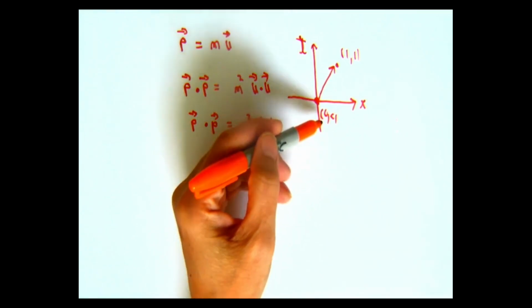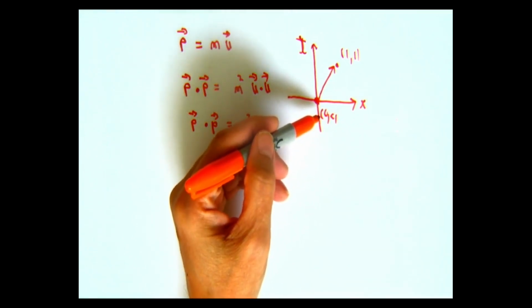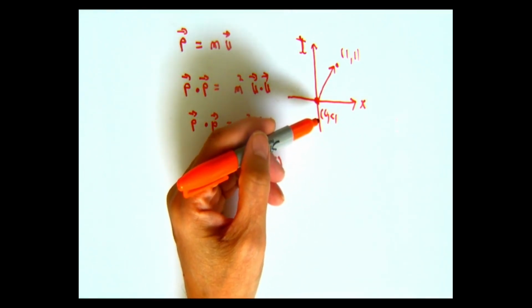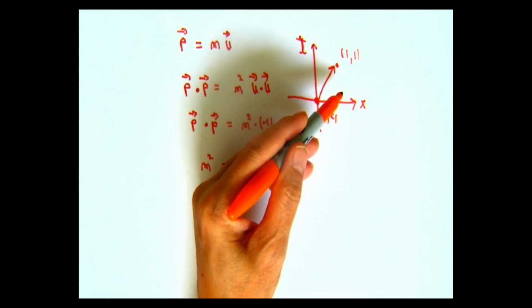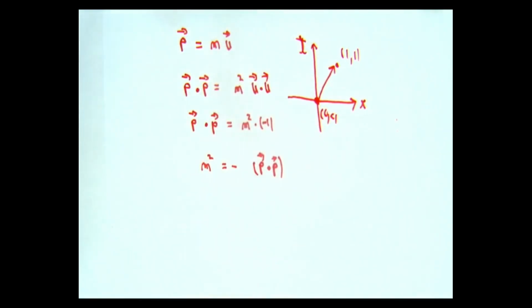If I have a photon that starts at the origin and travels to the right, at t equals 0, x will be 0. At t equal 1, x will be 1, because the speed of light is 1 in our units. This path makes a 45-degree angle with respect to the time axis.